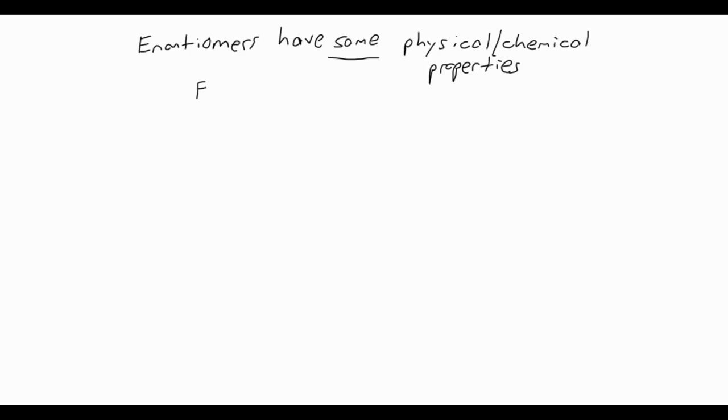We have a couple exceptions. The first of those is how they interact with light. So one property of enantiomers that you will often come across is that they rotate plane-polarized light.